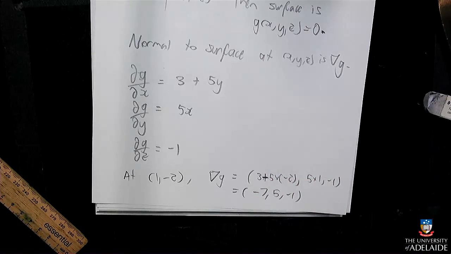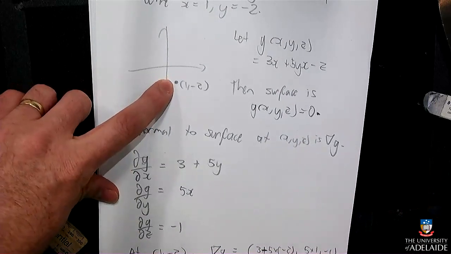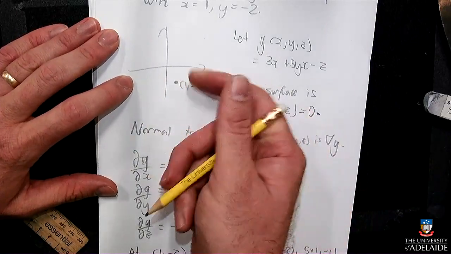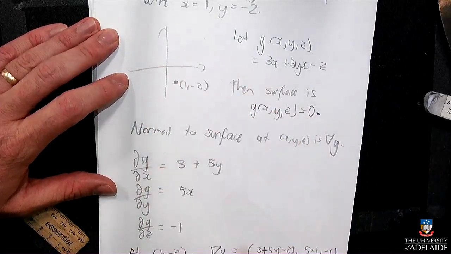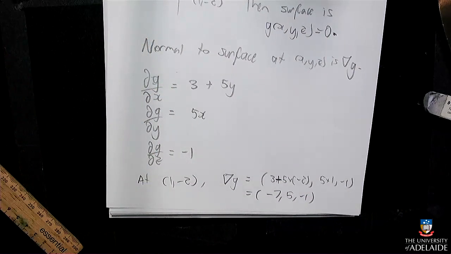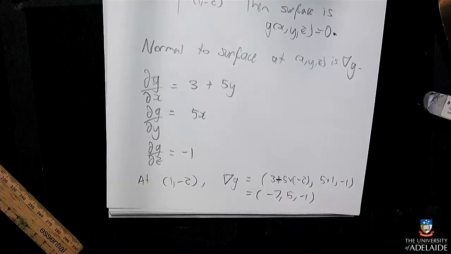If I go minus 7 in the x, 5 in the y, and down 1, that vector is normal to my surface at the point which is above 1, minus 2. The thing is that the real point on the surface is up here somewhere. It's not here, because I need to figure out the point that's actually on the surface. So, I have a plane which is perpendicular to this, and which passes through a point on my surface.